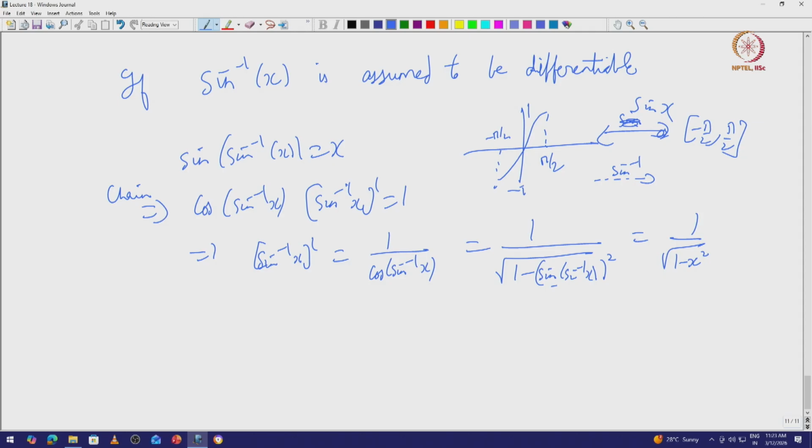So at least in a certain region this is true, right? Okay, assume that this is equal to this. So we don't care about these technicalities for now. The real point I'm trying to make here is that if you assume the inverse of a function is differentiable, you can use the chain rule to actually calculate the derivative of the inverse. So that is what I'm trying to head to.